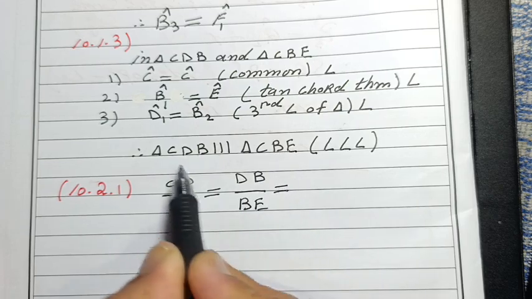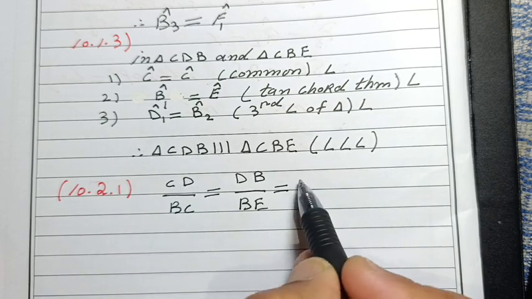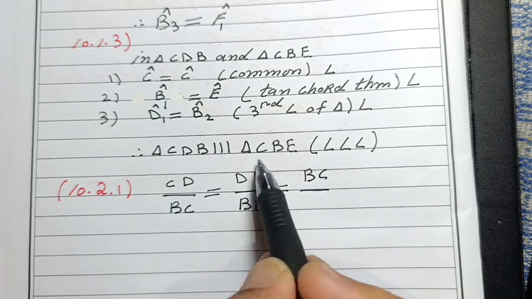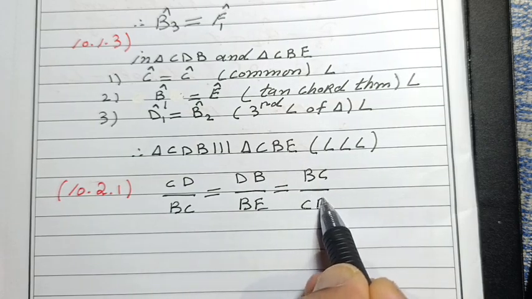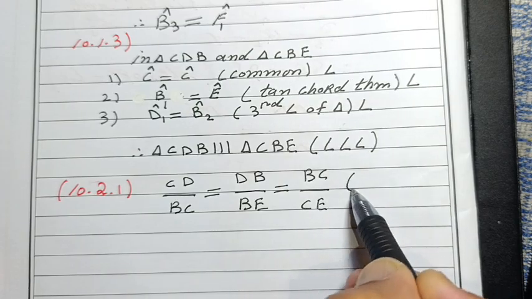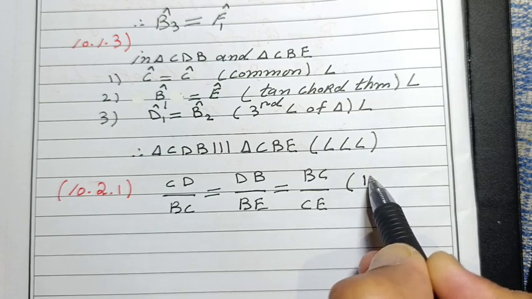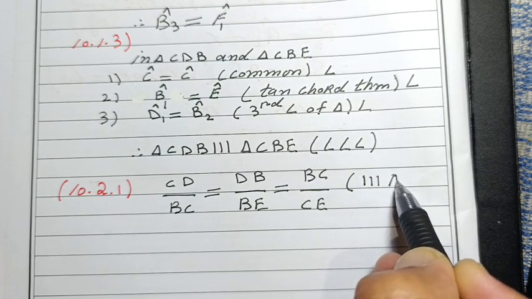And then the first and the last letter, BC over CE. The reason you have to give is similar triangles.